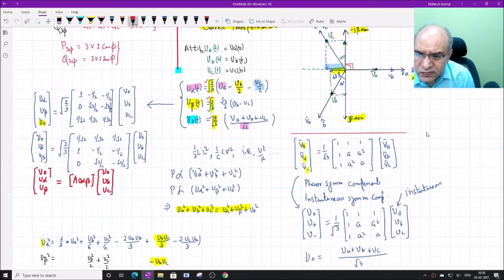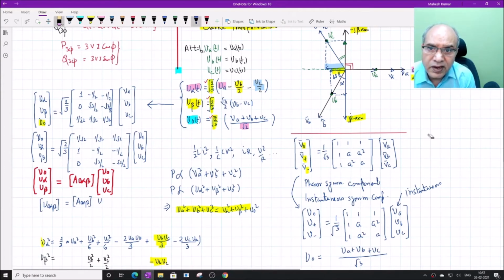Remember, all these variables are functions of time, so we have denoted them by small letters, not capital letters. Or simply you can write V0 alpha beta column vector equal to A0 alpha beta transformation matrix into VABC.